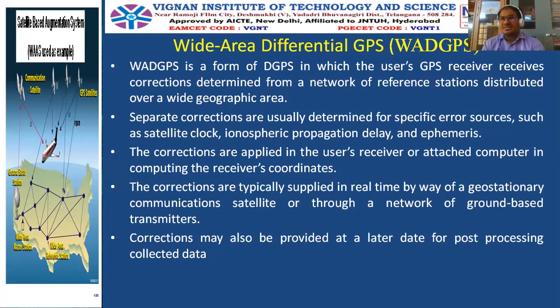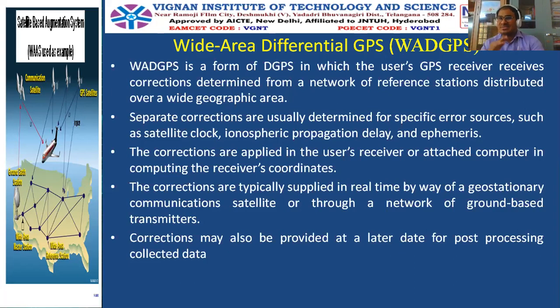And separate corrections are determined for specific error sources like satellite clock errors, ionospheric propagation delay, and ephemeris data errors. The corrections may be applied to the user's receiver, or, if not, here we are doing the post processing, or they may be attached to a computer where the computing of the user's receiver coordinates is done.